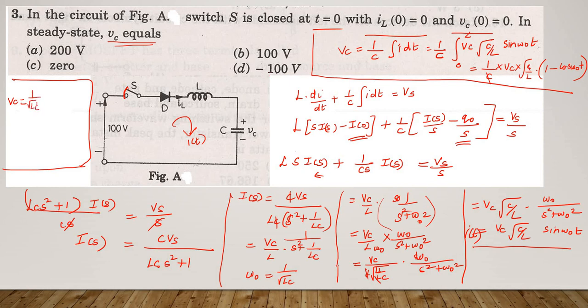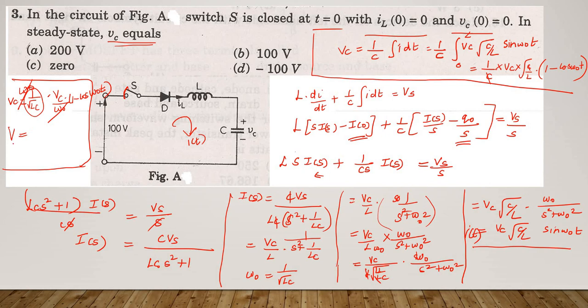So 1 by root LC into VC, divided by omega naught, applying integration, 1 minus cos omega naught t divided by omega naught. What is 1 by root LC? That is omega naught, that is the numerator. Both omega naught get cancelled.